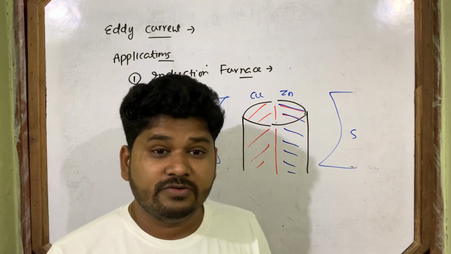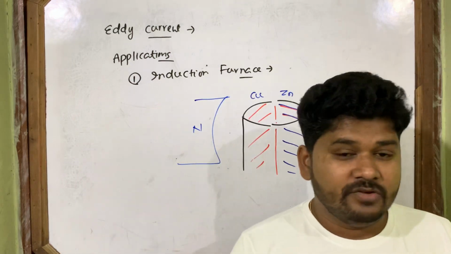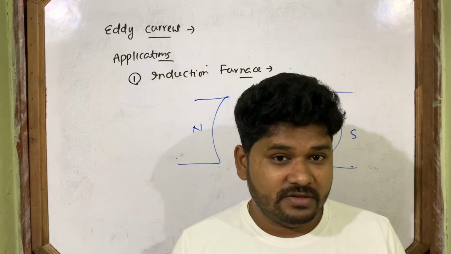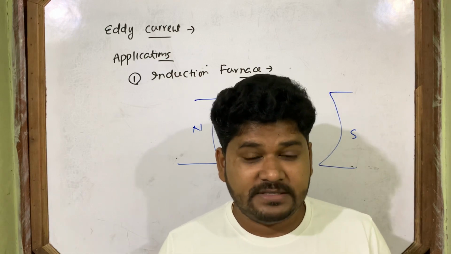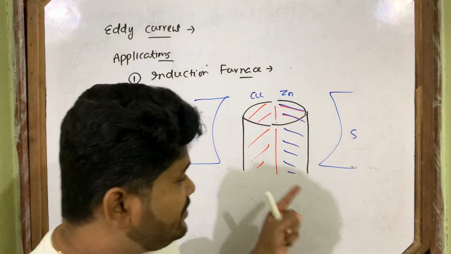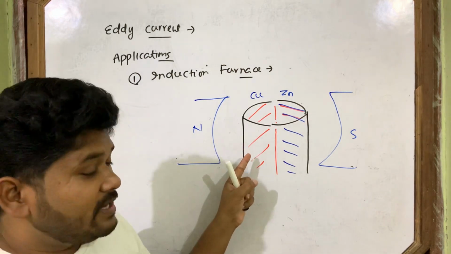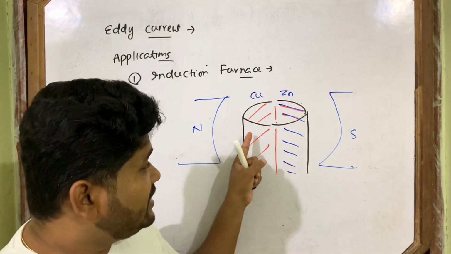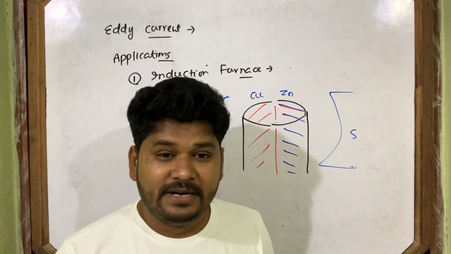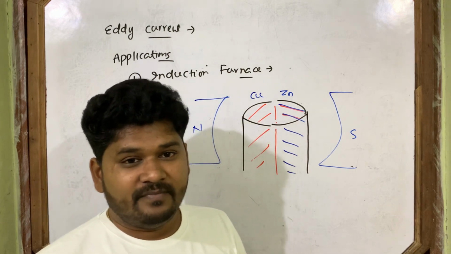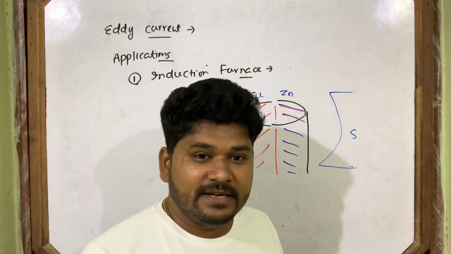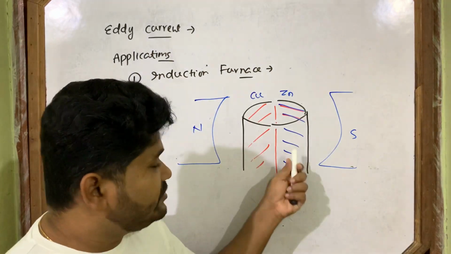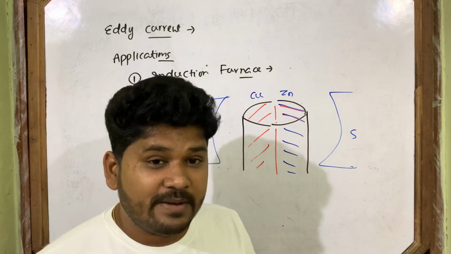That eddy current produces a lot of heat, according to the thermal effect, Joule's law: when current passes, heat is produced. A large amount of heat is produced, so the solid copper and zinc melt and convert into liquid.